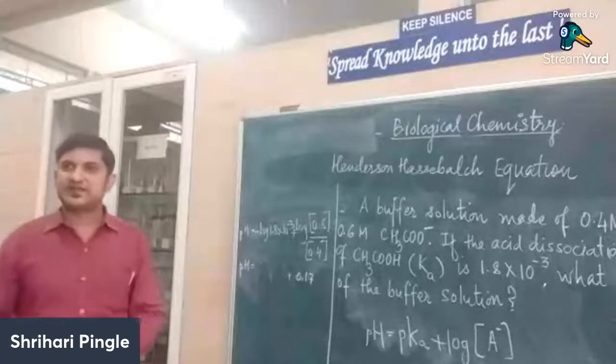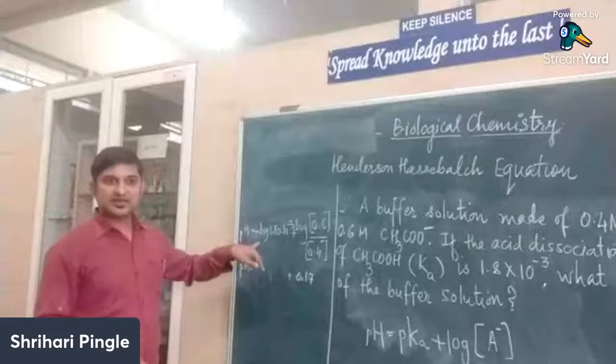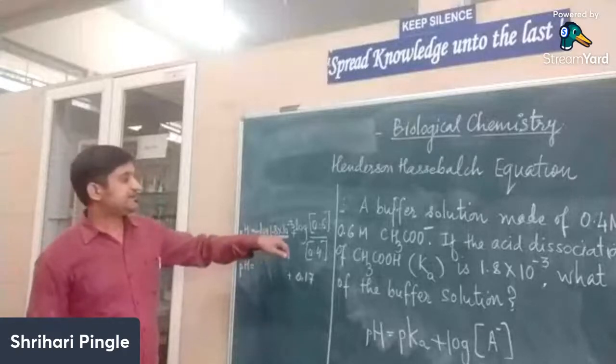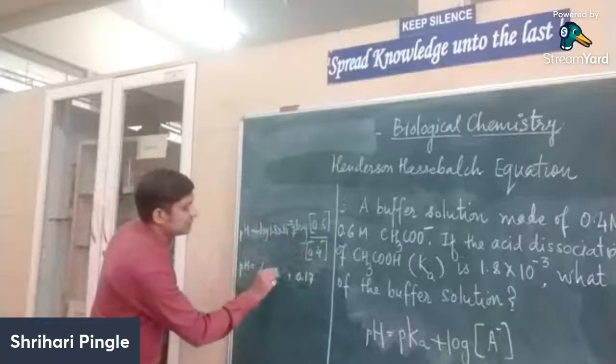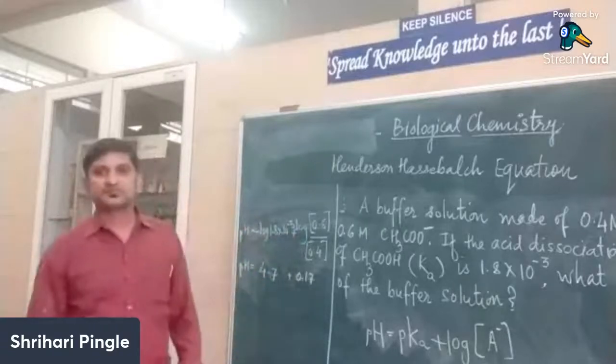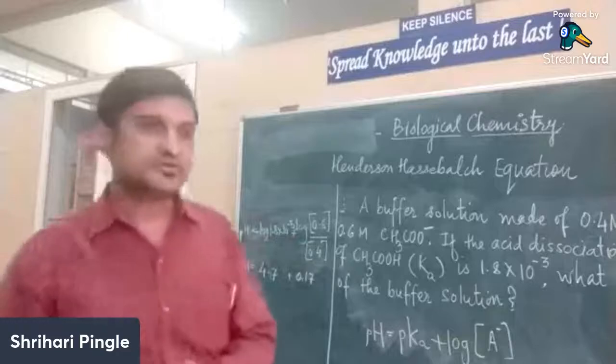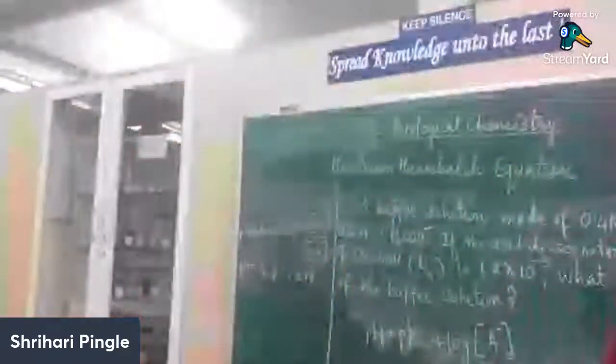Anyways, we will not waste time in this. Negative log of 1.8 into 10 to the power minus 3, that will come out to be 4.7. You may continue doing it at home.